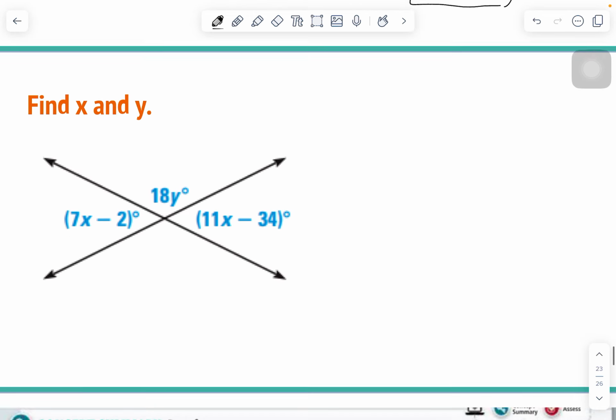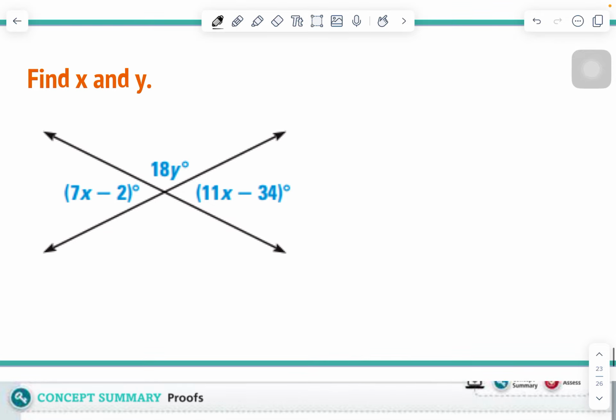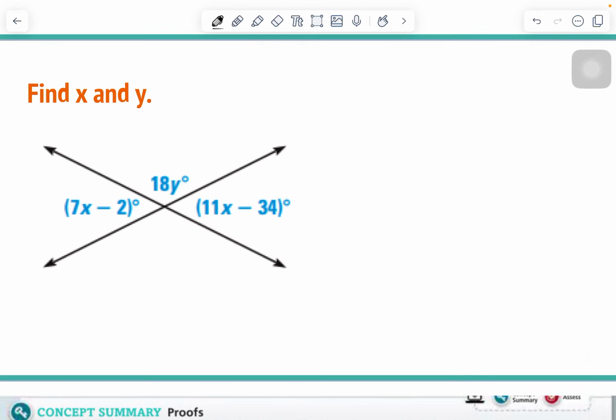Now here, last question. Find x and y. So if you notice, these two are what kind of angle pair? Those are vertical angles. And vertical angles are congruent, right?